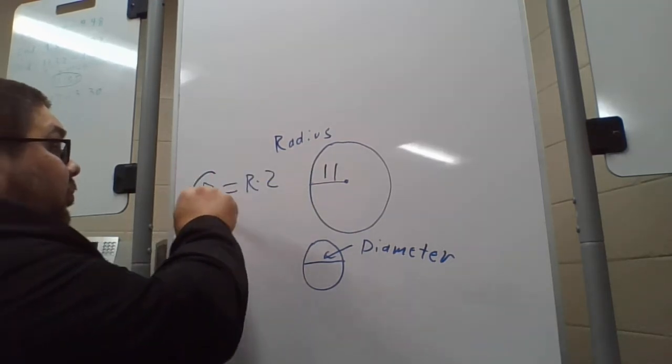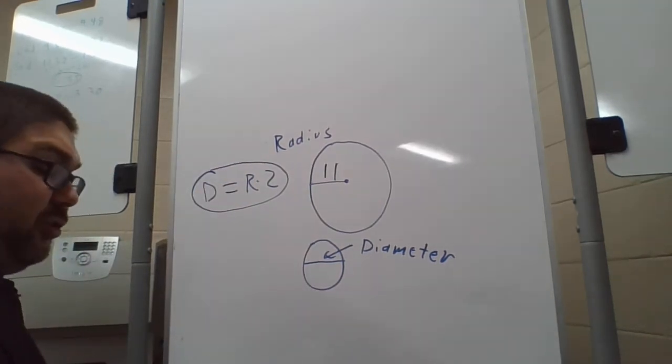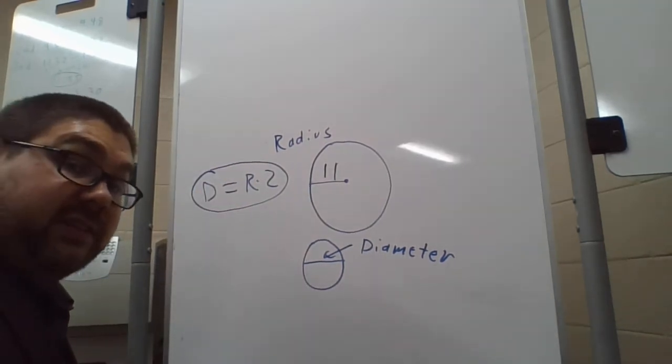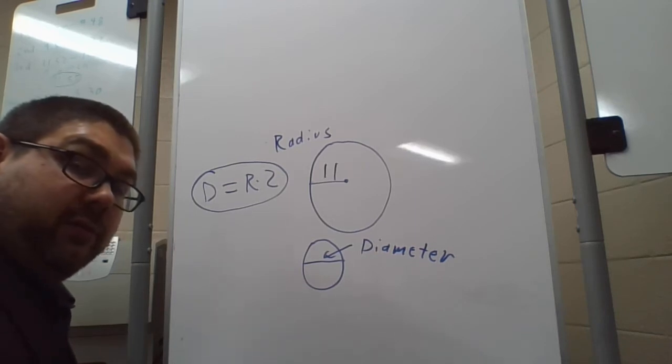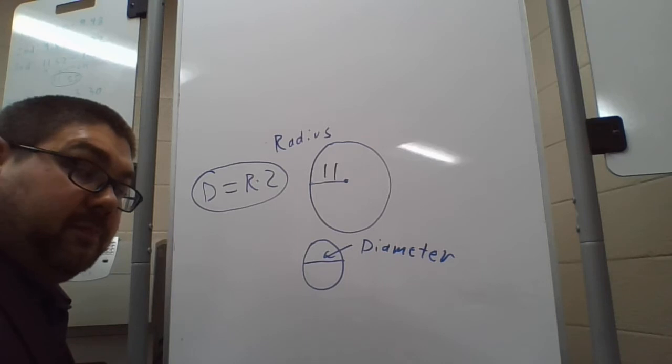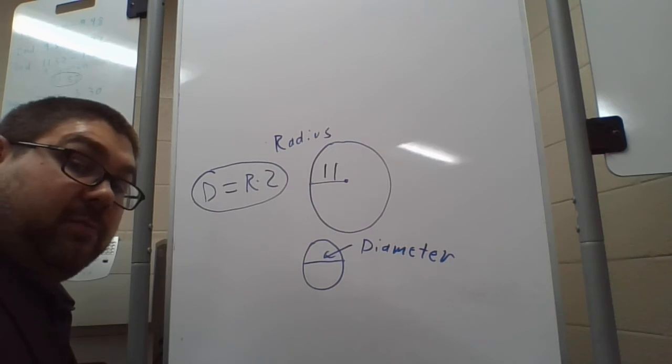Okay? Diameter equals radius times 2. And on the assignment I'm giving in my class, this is number 1.